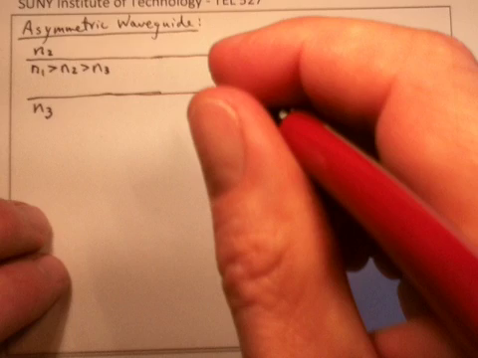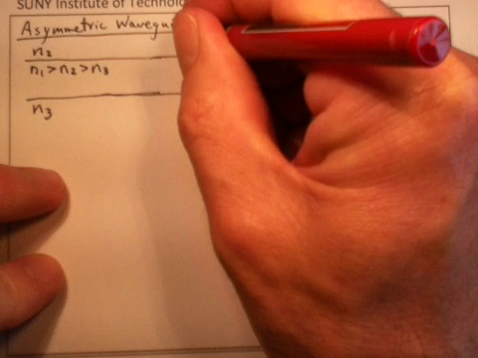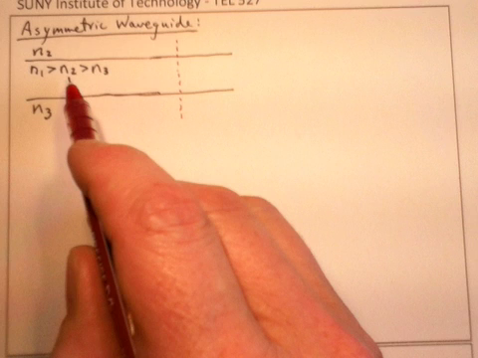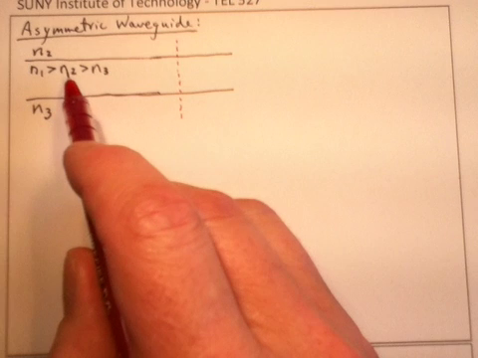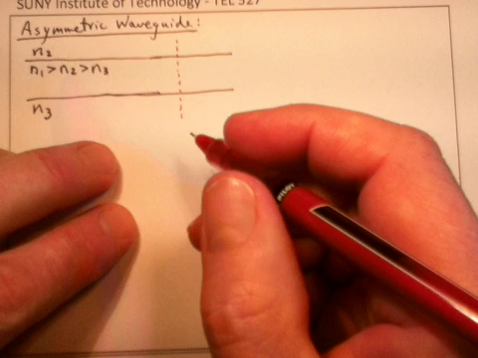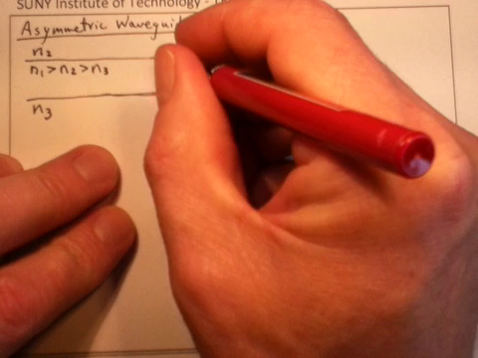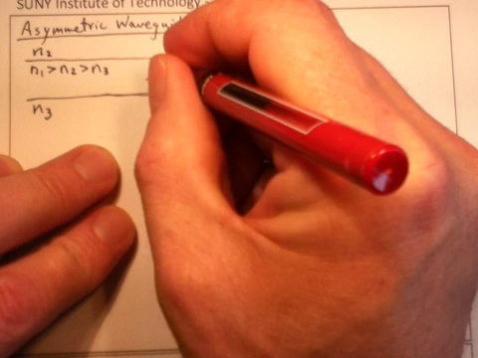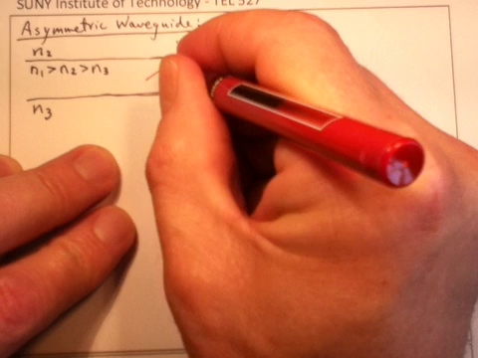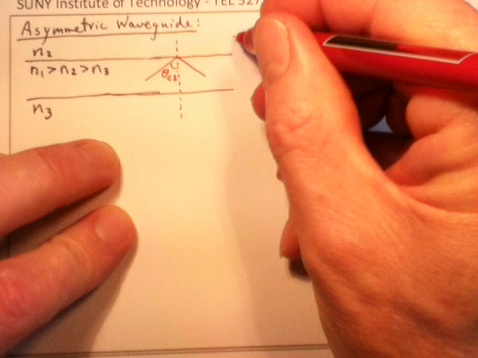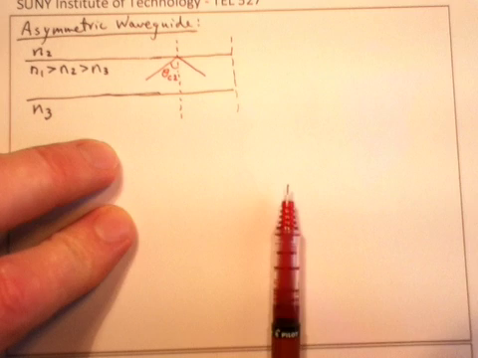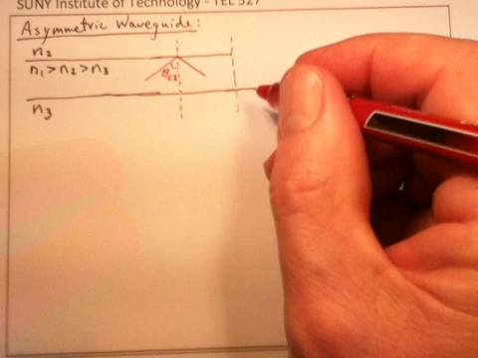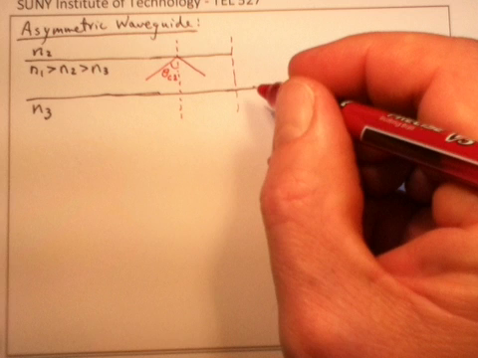And what that means is that we've got different critical angles on both sides. So because n2 is larger than n3, the critical angle for n2 will be larger than the critical angle for n3. So maybe we could write that the critical angle for n2 is theta C2 there, whereas on the other side of the waveguide we have a critical angle for n3, which is smaller.